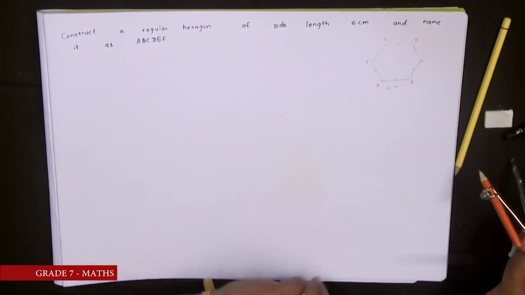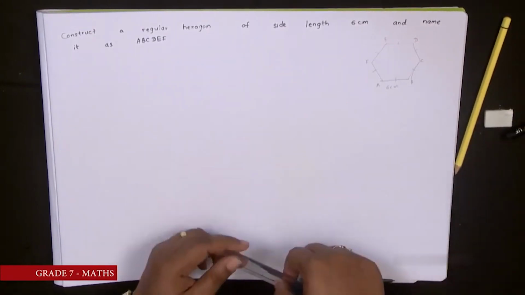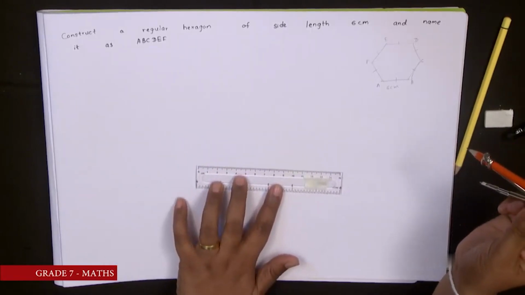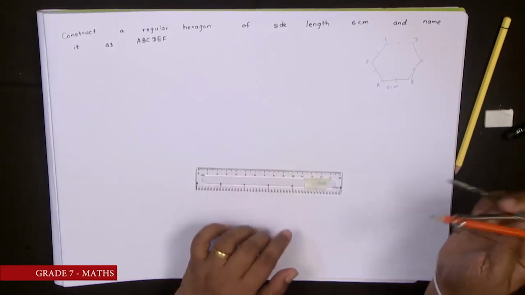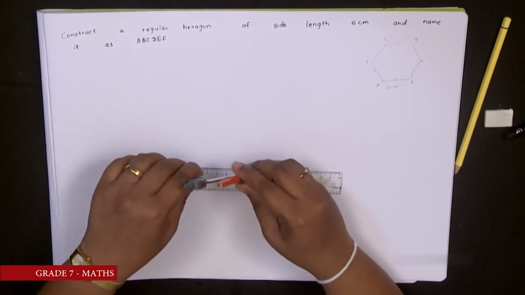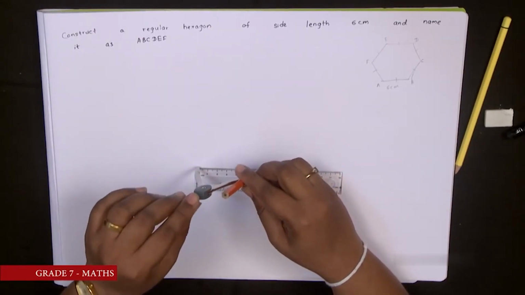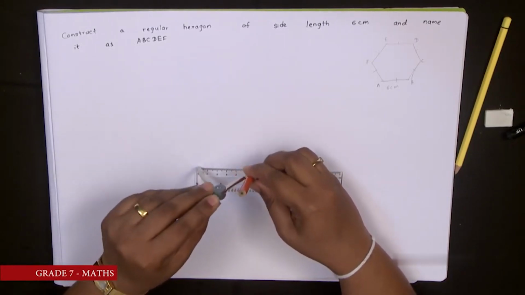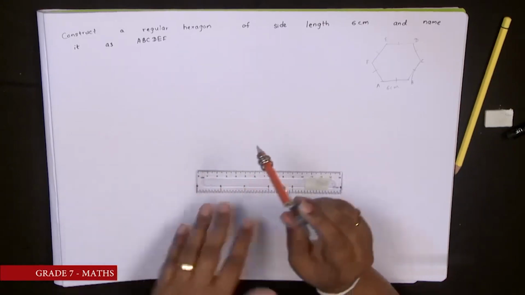Now here we are going to construct the regular hexagon with the use of a circle. Therefore, first of all I have to draw a circle of radius 6 centimeters. So, I am going to take 6 centimeters to my pair of compasses. For that, I have to place the tip of my pair of compasses on 0, then the tip of my pencil on 6 centimeters.